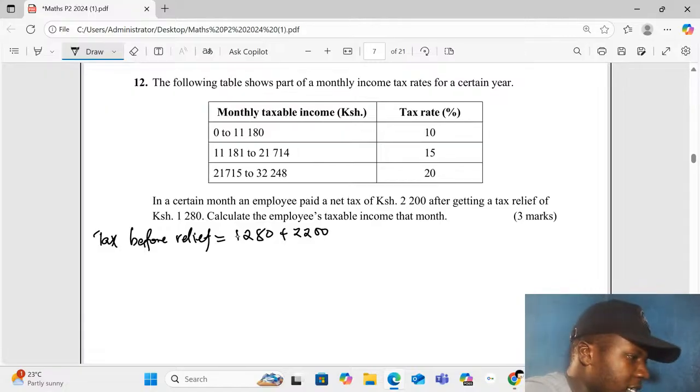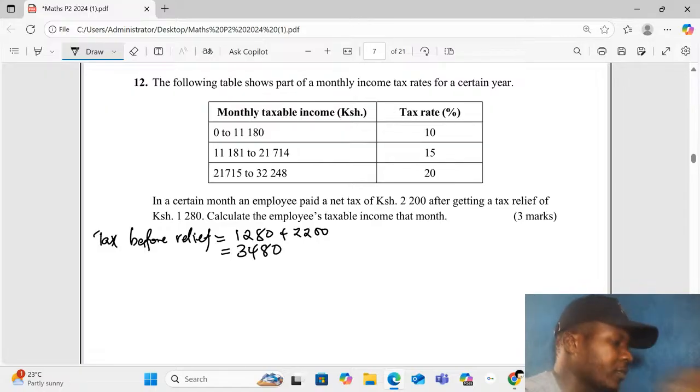So we're going to get, before the relief, it was 3480. That was the tax before relief.